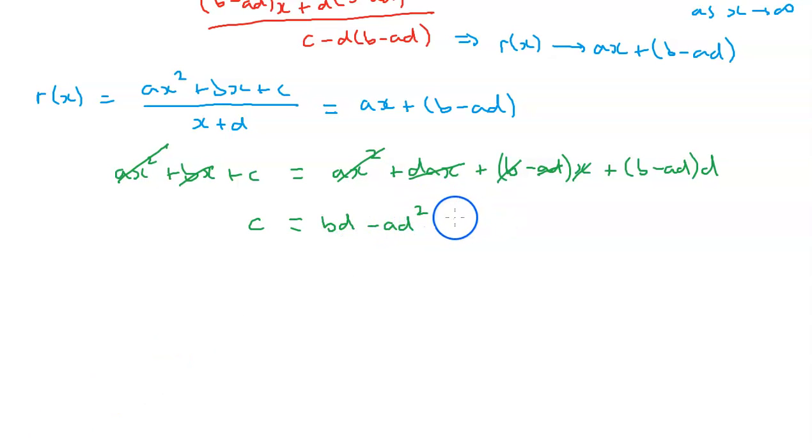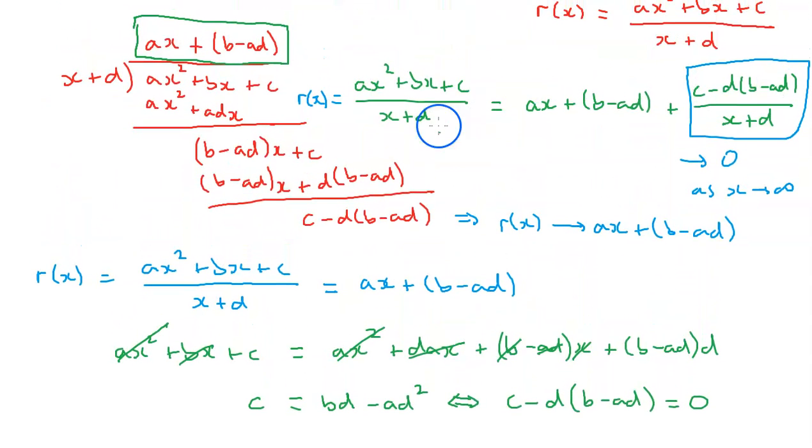Or, if we want to write it in a more familiar way, we can say if and only if c minus d times b minus ad equals 0.